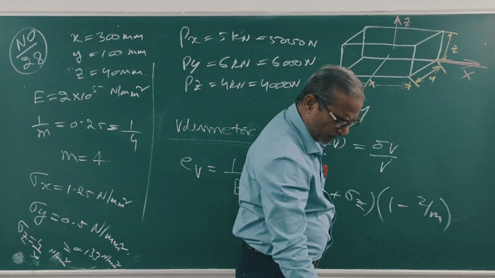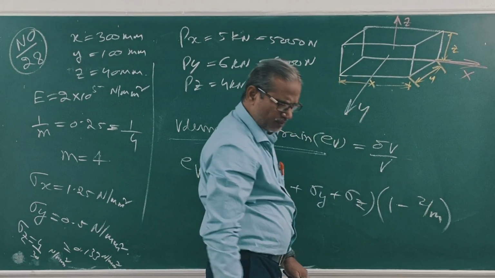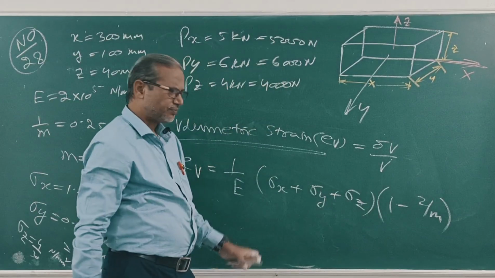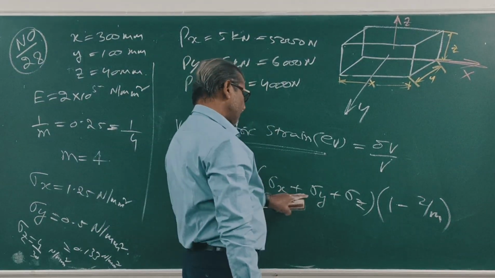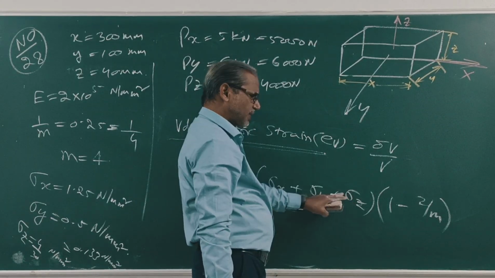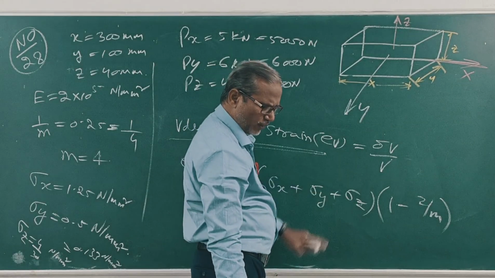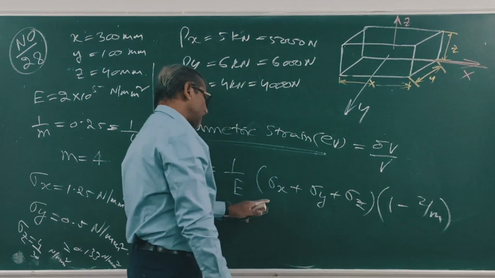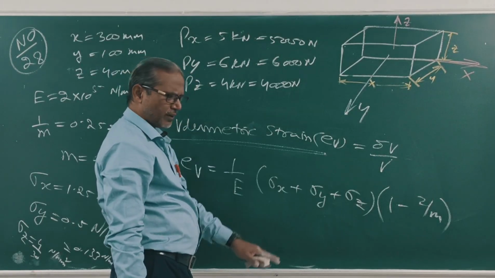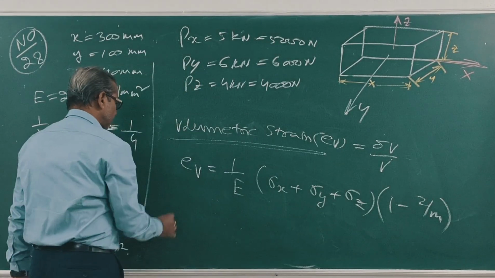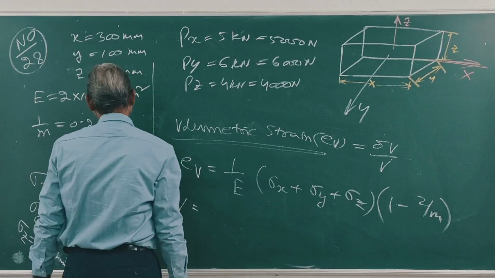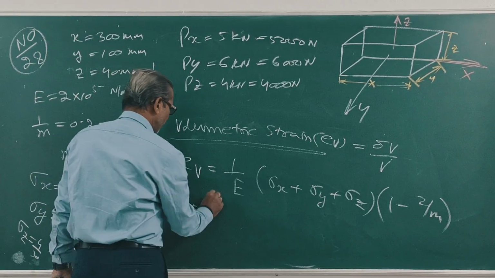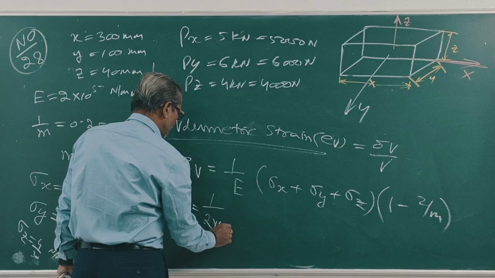I have derived this formula. Clear? Along x, y, z direction. Sigma x by E plus sigma y by E plus sigma z by E into 1 minus 2 by m. So 1 by E common, sigma x plus sigma y plus sigma z into 1 minus 2 by m. What is 1 by E? 1 by 2 into 10 to 5.